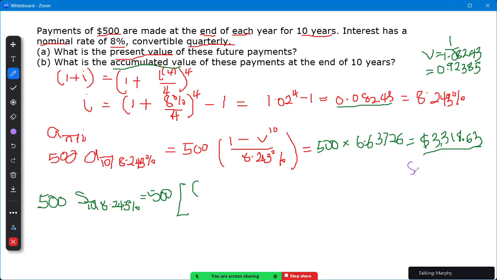So S with n and I is going to be 1 plus I raised to the power of n, minus 1, over I. So I can use this formula, or I can use this to say this is going to be 1 plus I raised to the power of n, times a n I. Right. So I can have that value that way.